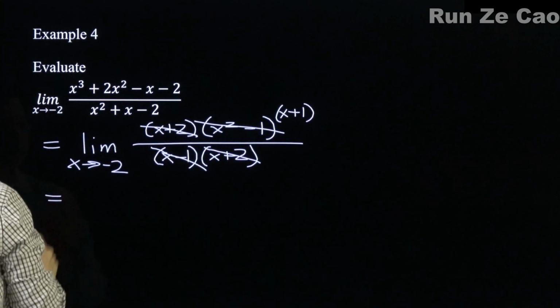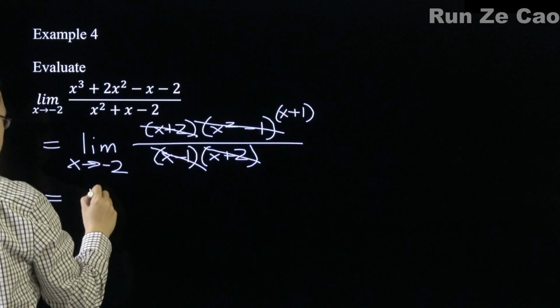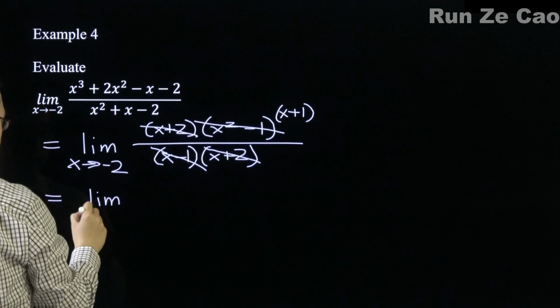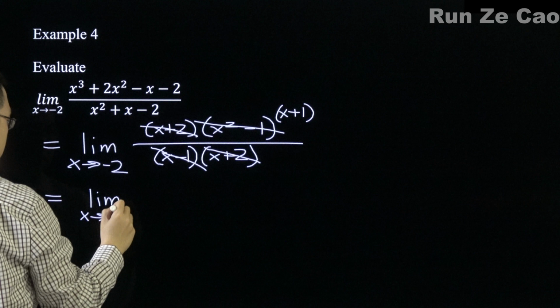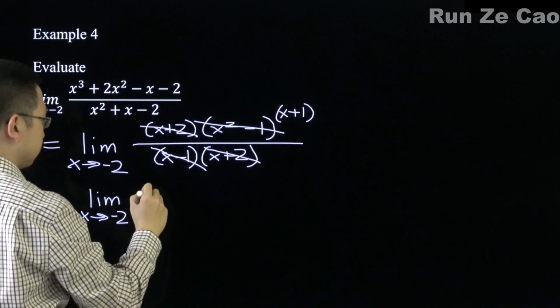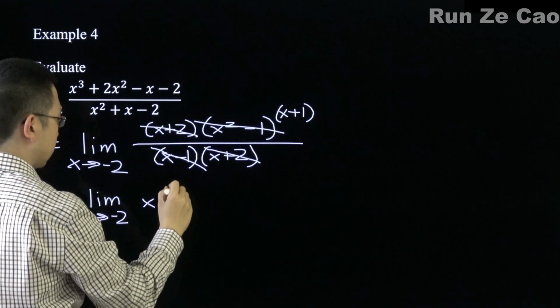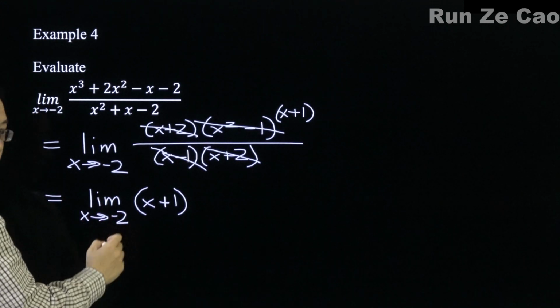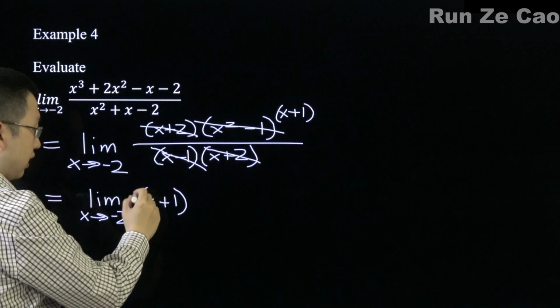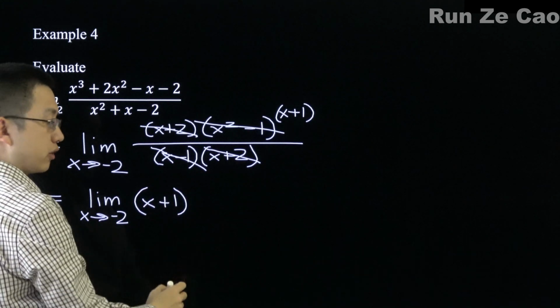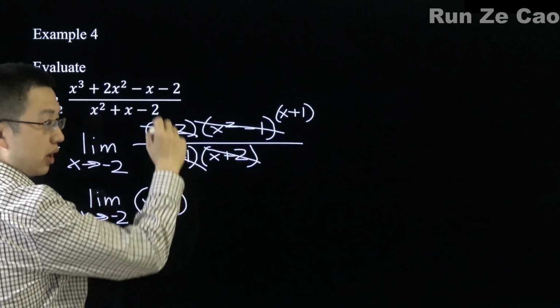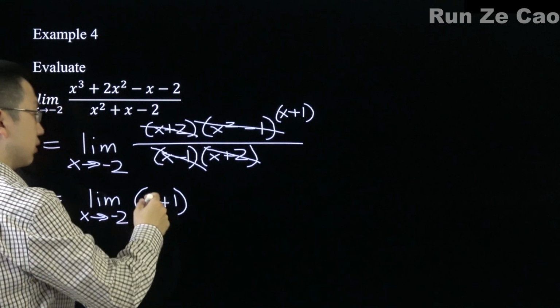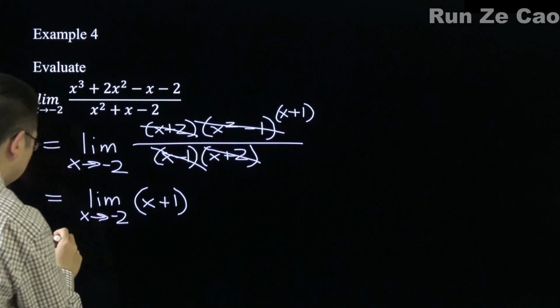So, this whole thing is equal to the limit of this straight line. Please note that if you take the limit of something, you don't put limit of x + 1. You put bracket x + 1 other bracket, or left bracket, right bracket.